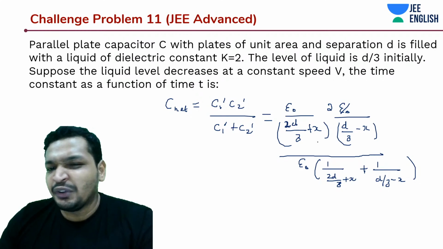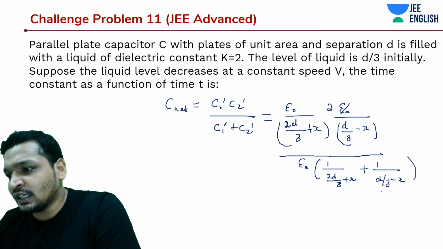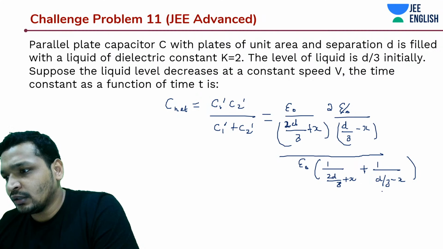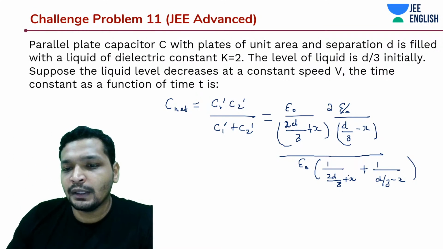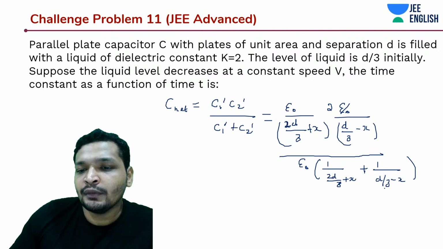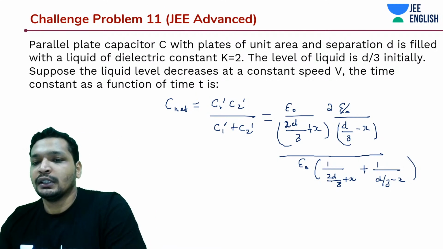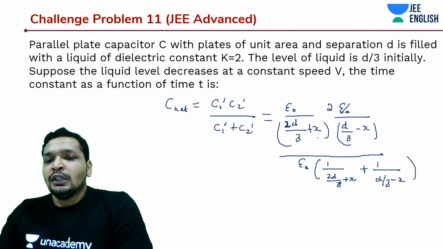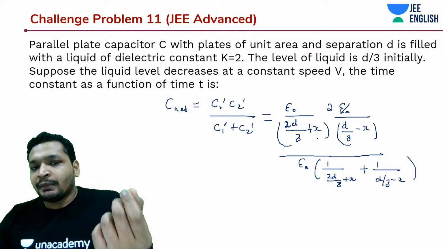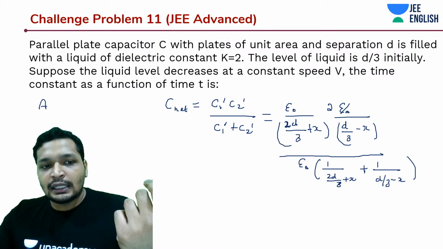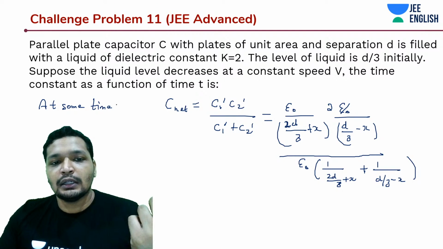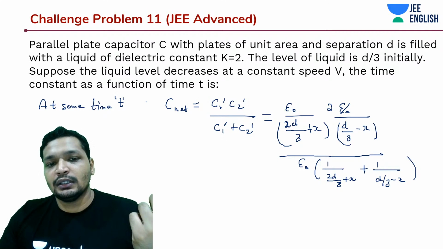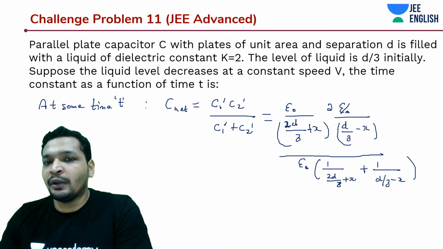You don't have to think much, x is equal to vt. Substitute that, you will get your answer. Because it is reducing by x with some time, this is at some time t, understand that.